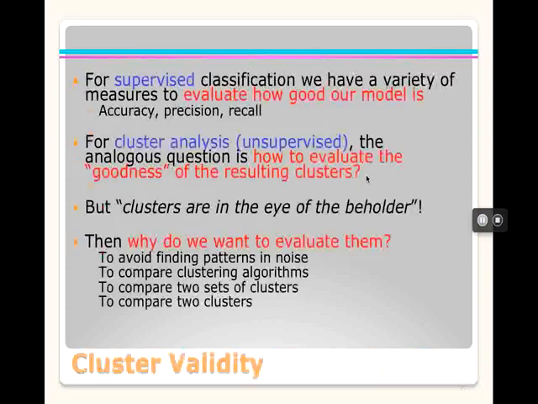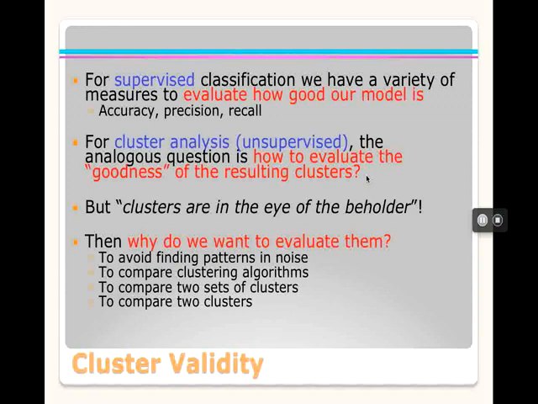Now the question is how we can evaluate. Usually there are different types of evaluation, and in classification we had recall, precision, accuracy, and support; we talked about those. In clustering there are different techniques, and mostly clusters are in the eye of the beholder.